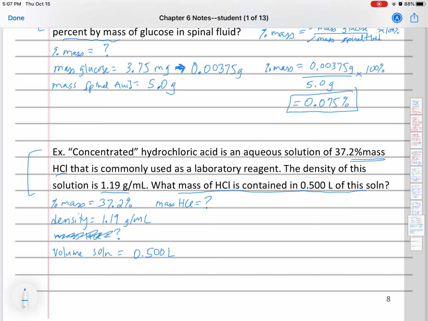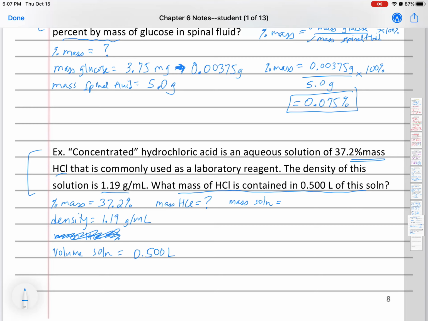So I'm going to move that up there: our mass of HCl, that's what we're ultimately trying to find, divided by the mass of the solution, which we also don't know. But we know the percent mass of the solution, so we know one part of that equation.